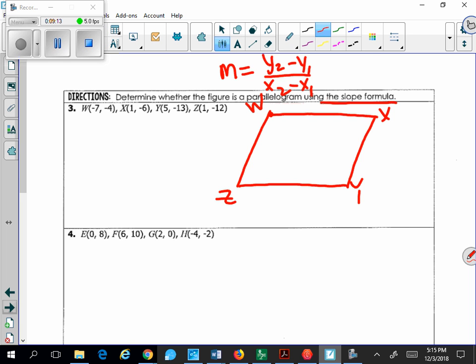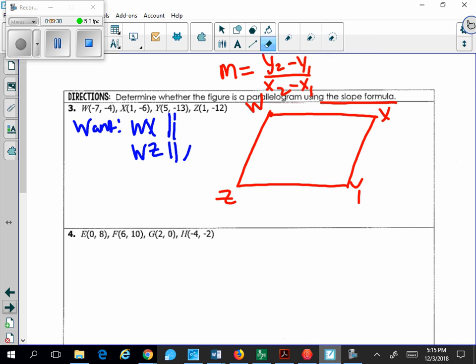So I want WX to be parallel to ZY, and WZ parallel to XY. So let's do the slope of WX first.